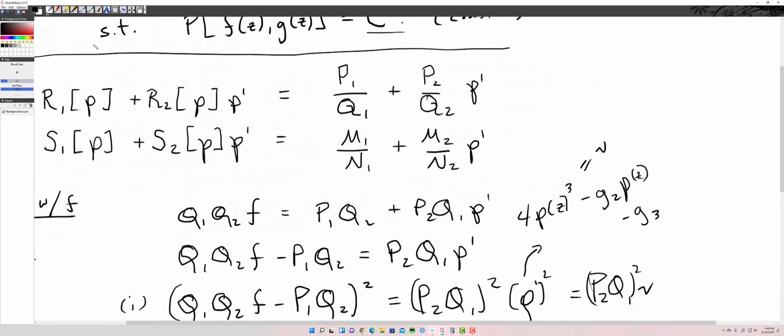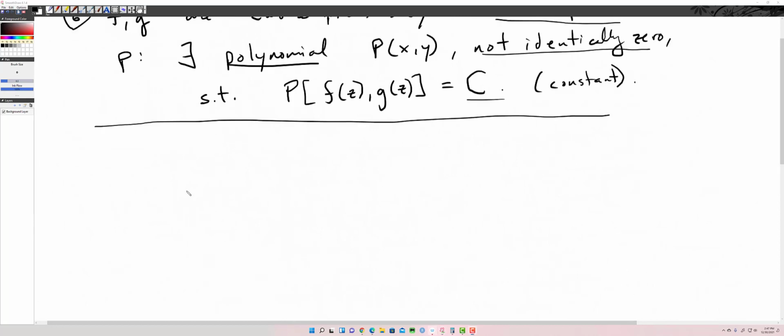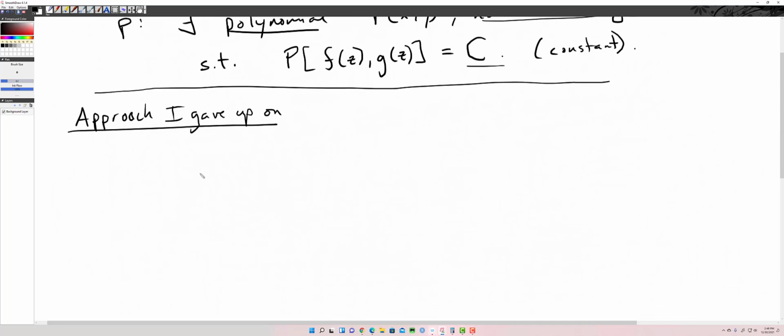Again, if anybody can think of a better way to do this, I would absolutely love to hear it. One thought I had, I'll pause this and show you where I was headed, but you'll see why I don't like this approach. The approach I decided to give up on was much simpler. I just don't have a lot of analytical faith in it at all.